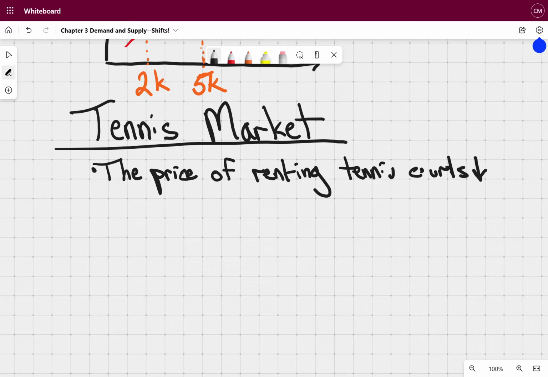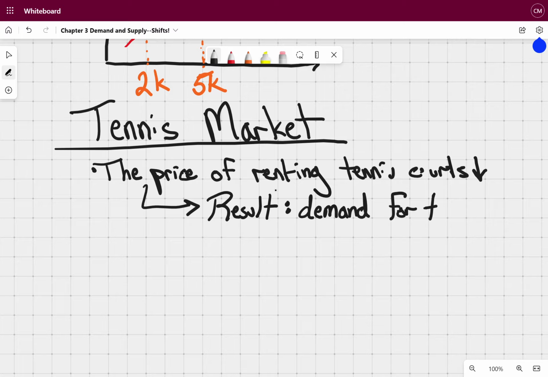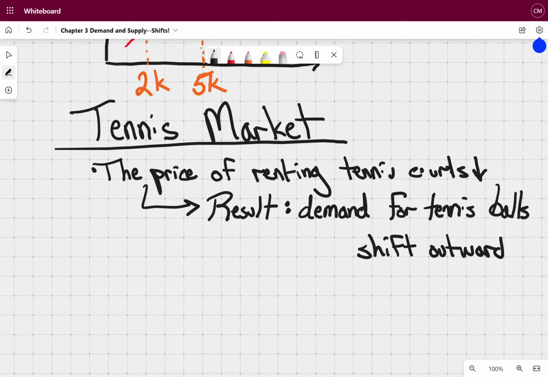And as a result of this, the demand for tennis balls is going to increase or shift outwards. So let's go ahead and do this graphically.